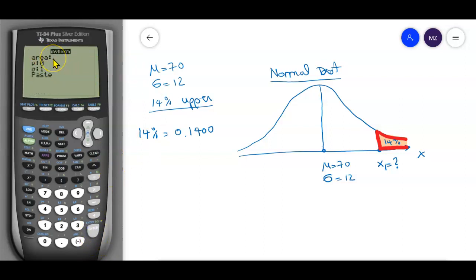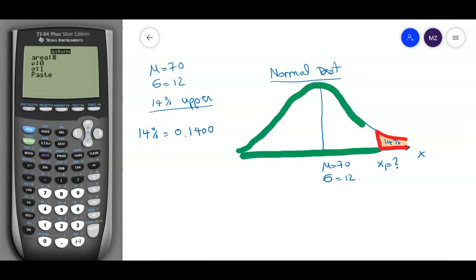This is kind of tricky, because on the calculator, not just any area will go there. The area that the calculator is asking about is actually the left side area, which is the remaining area from here to here.